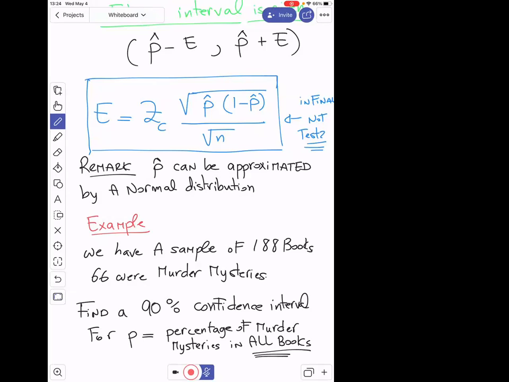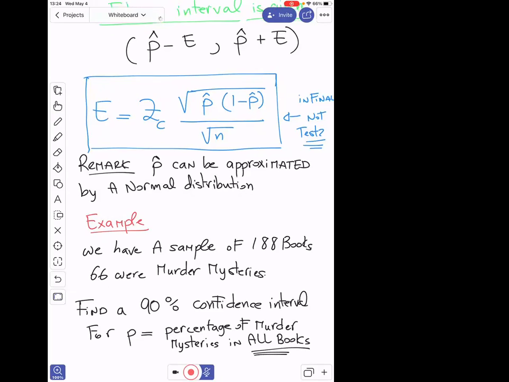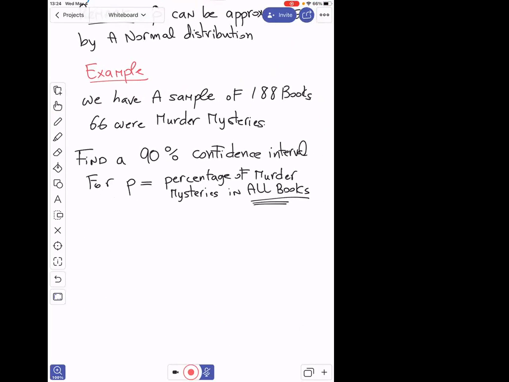It has like 10,000 or whatever. So this percentage of murder mysteries in all the books, the P, that's your probability of success. And your confidence level would be this 90%. That would be your C.